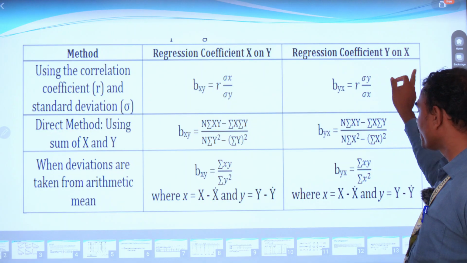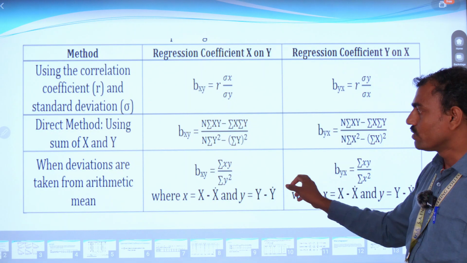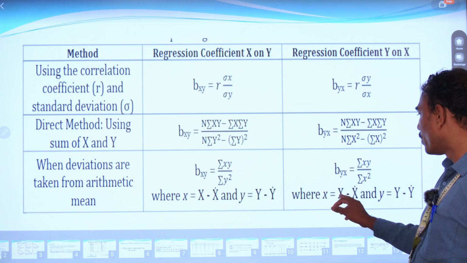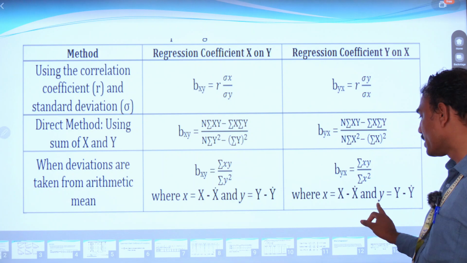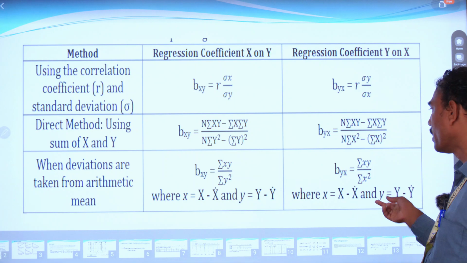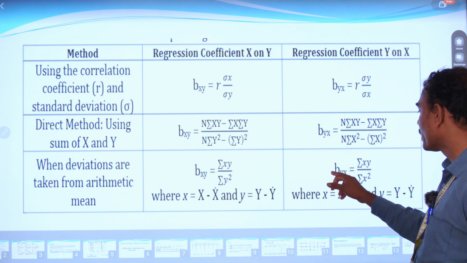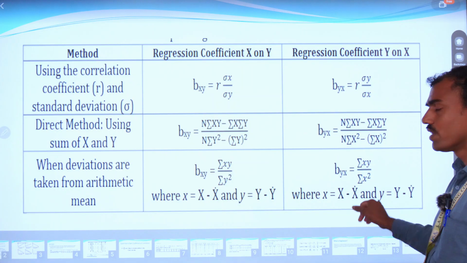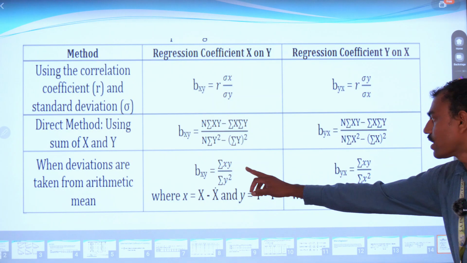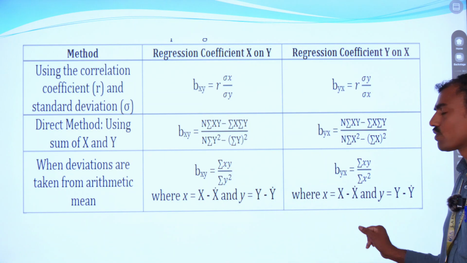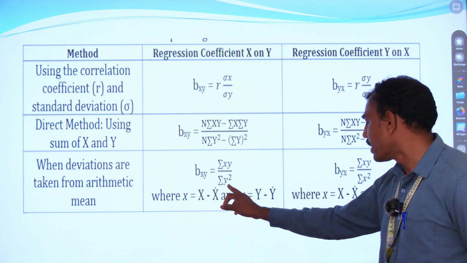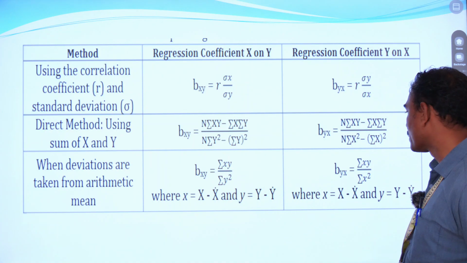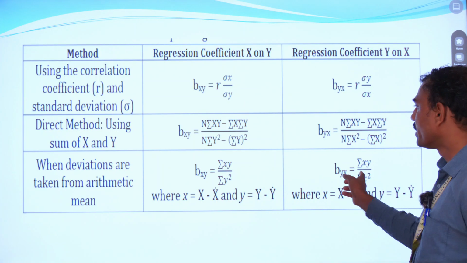So the regression coefficient of y on x using the deviation method, where x equal to x minus x bar and y equal to y minus y bar: byx equal to summation xy divided by summation x squared. Here it is summation y squared, there summation of x squared. The denominator is different.